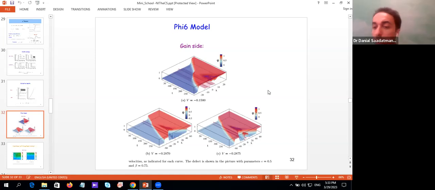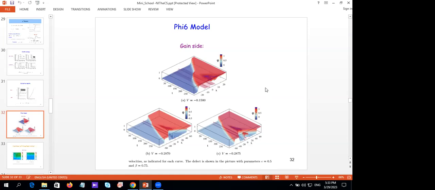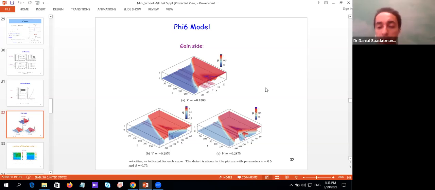Sorry. I want to know if there can be creation of supercurrents around this pair, loss and gain. What do you mean by supercurrent?